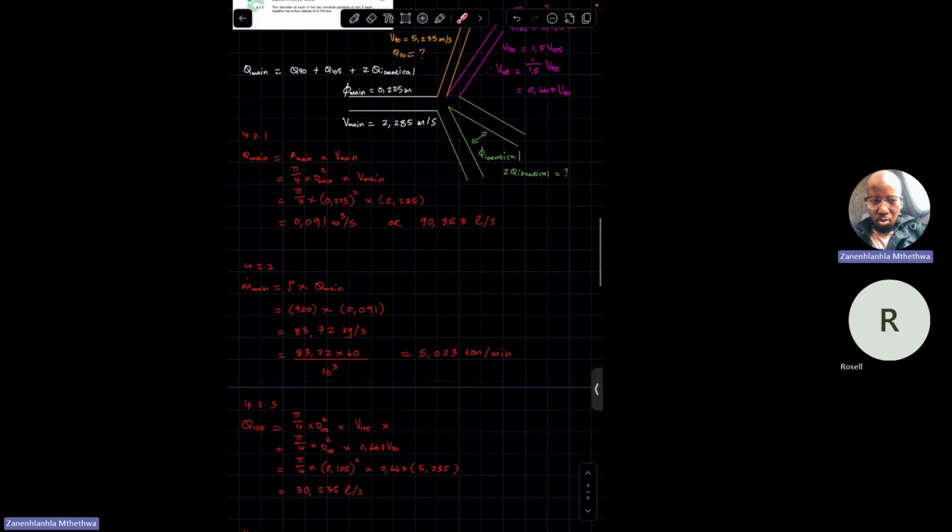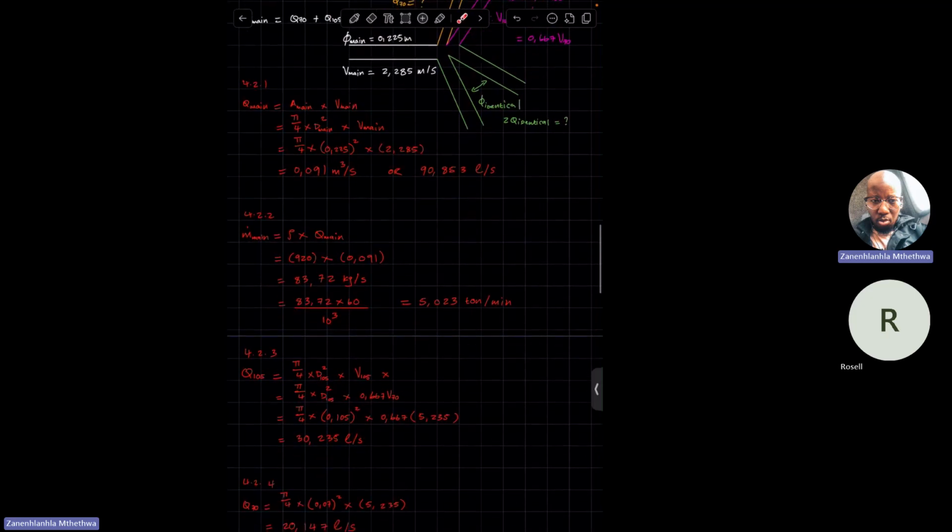Right. So because they want us to leave our answers in tons per minute, it means that now we have to convert this to tons per minute. And in converting this, we know that 1 ton is equal to 1,000 kilograms, which means one kilogram is equal to 1 over 1,000 tons.